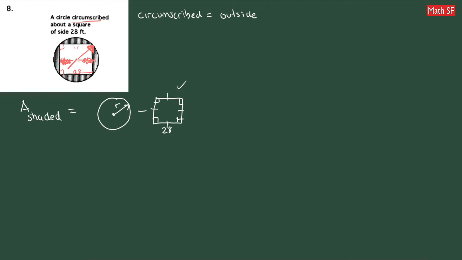And from here to here, combining from this point to this point, happens to be the diagonal of the square, and at the same time is the diameter of the circle. Let me write that down here. The diagonal of the square is actually the diameter of the circle.